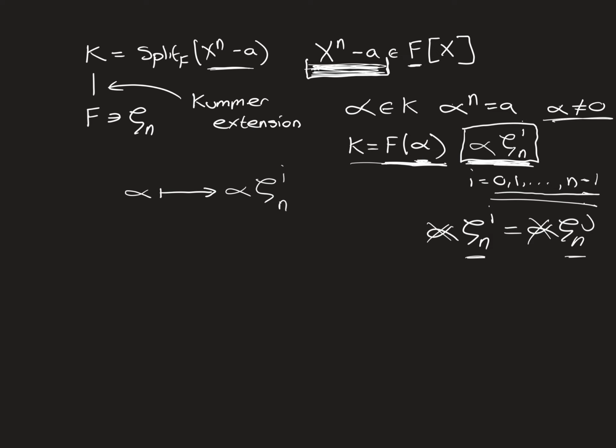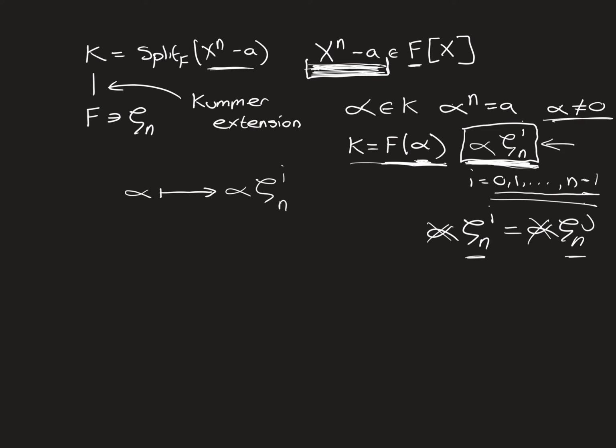So if this were reducible, then it would split into a bunch of lower degree polynomials, and if we split it into its irreducible factors, then the n roots that we've got here would be distributed amongst those polynomials.